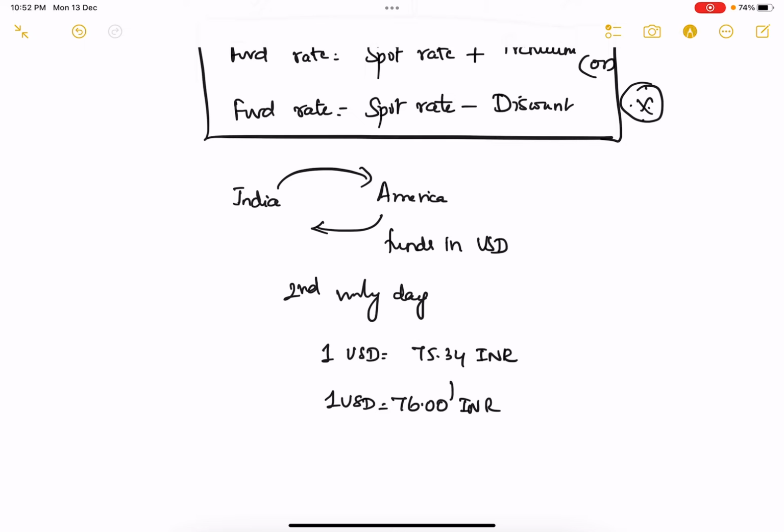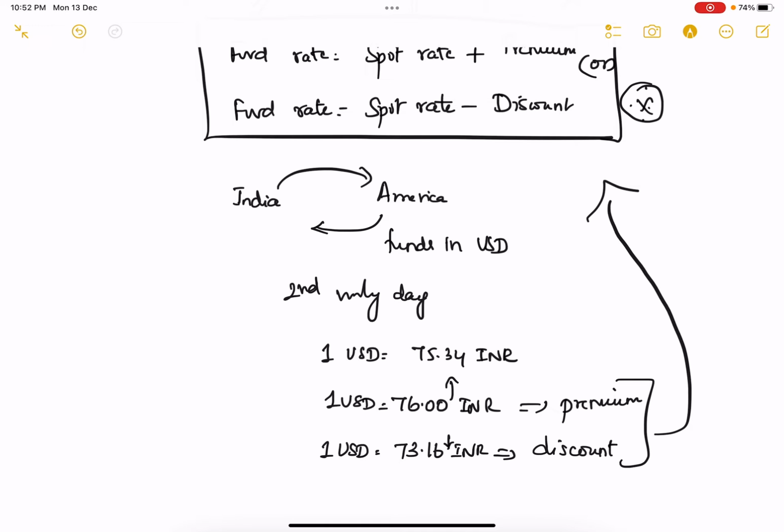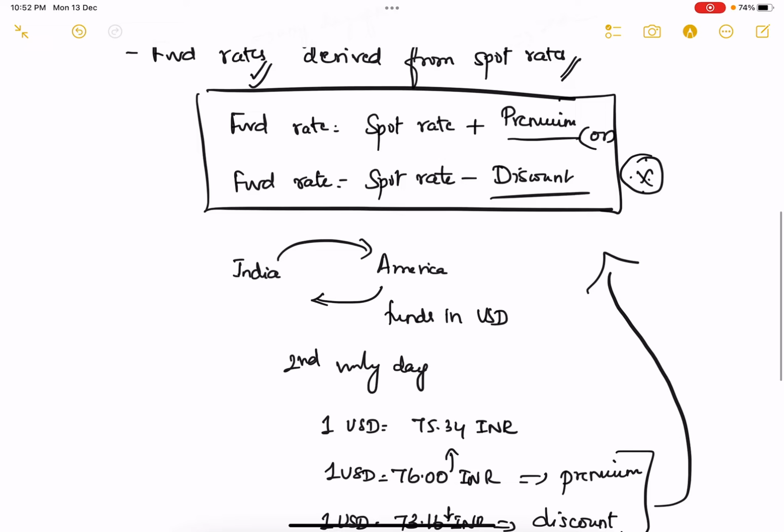So when the currency value is more on a forward date, then it is classified as premium. Whereas on any forward day, the currency value decreases, then it is classified as discount. So hope you got the difference between premium and discount.